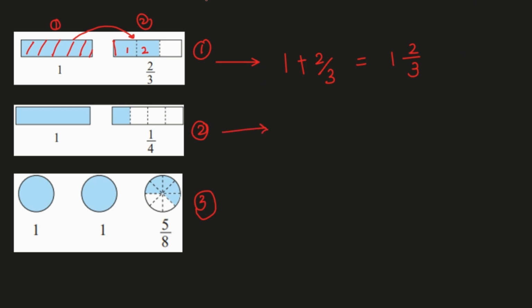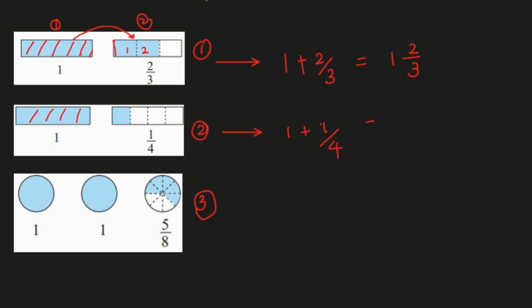Second figure. It's also the same as the first one. We can take the whole colored rectangle as 1. In the second rectangle, you can see one portion has been colored out of 4. So we can write the colored fraction as 1 upon 4.